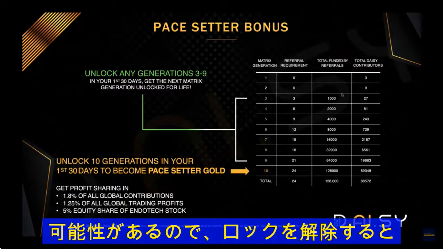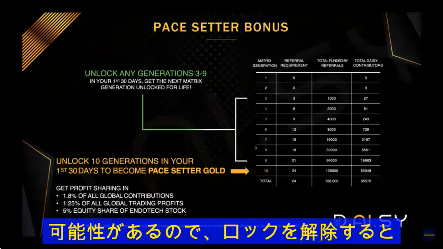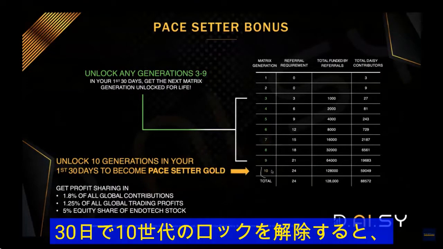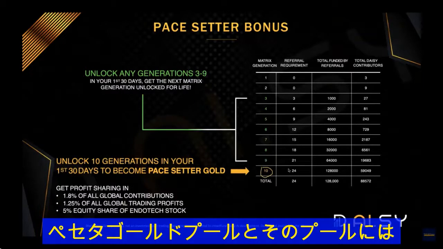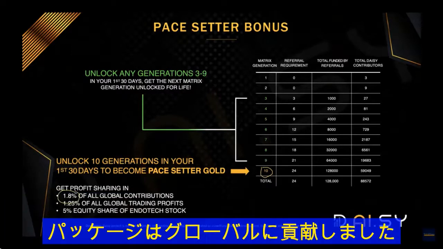If you unlock 10 generations in 30 days, you will get access to the Pacesetter Gold pool, and that pool includes 1.8% of all global contributions. So 1.8% of all crowdfunding packages contributed globally.